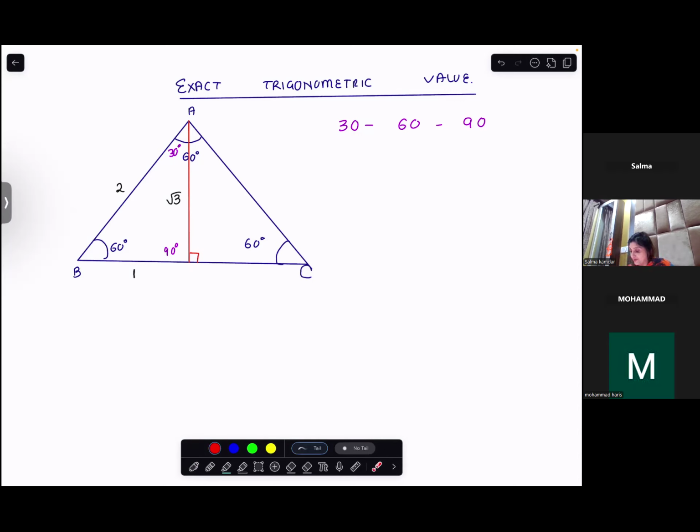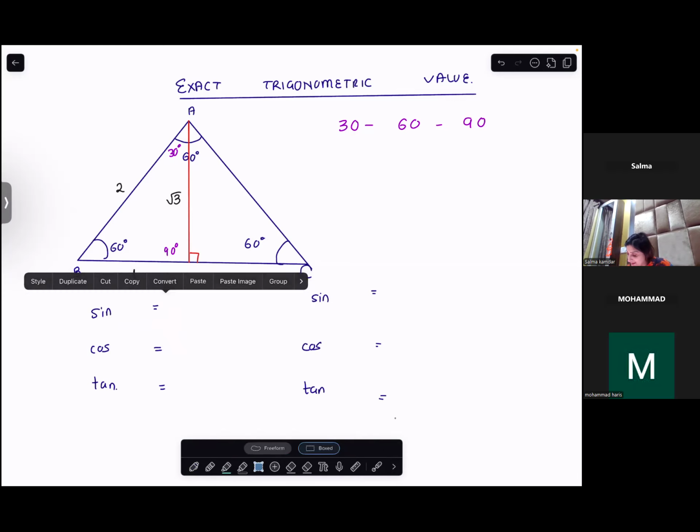Yes. Okay, fine. Now, if I want to find my sine, my cos, and my tan for a 30, 60, 90 triangle, I can find sine, cos, and tan for which values? It's a 30, 60, 90 triangle, right?